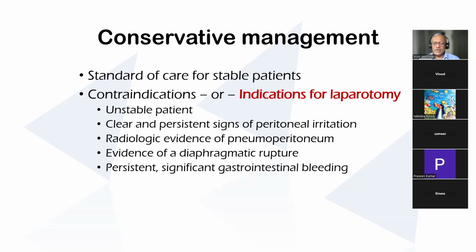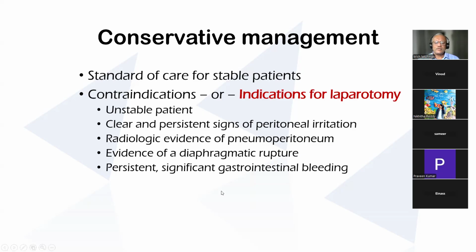You can't sit on a diaphragmatic rupture, or a persistent significant GI bleed. It's rare, but you can have organs which are torn and keep bleeding into the GI tract, apart from into the peritoneal cavity. That's another possibility. You can have a big hematoma in an injured liver, for example.